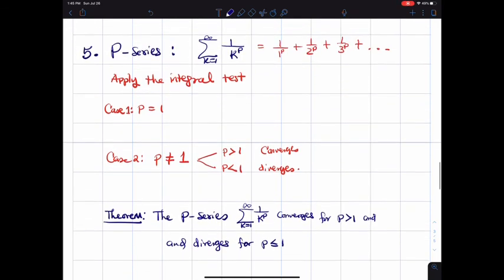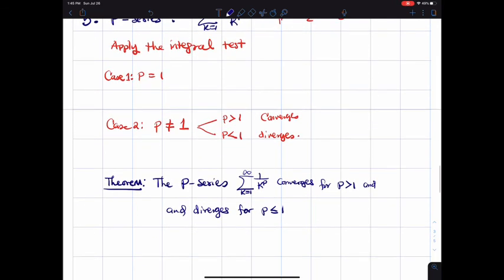And this is now a result we can keep using.